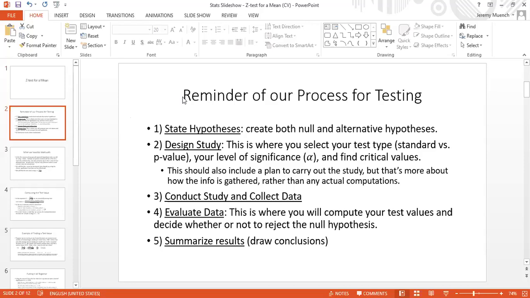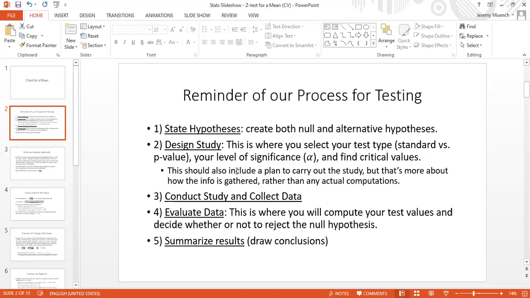You've done some of these already. Namely, we've talked about steps 1 and 4 in particular already. The part where we design a study, we're going to talk about how you would set things up, what you need to think about.